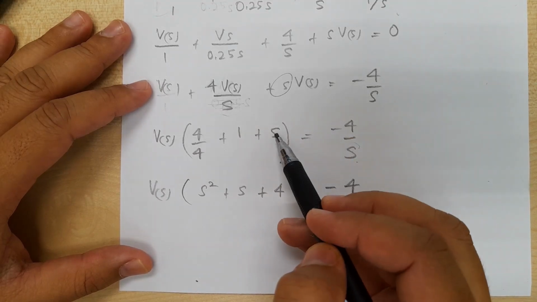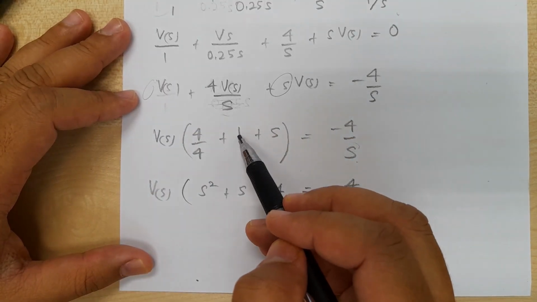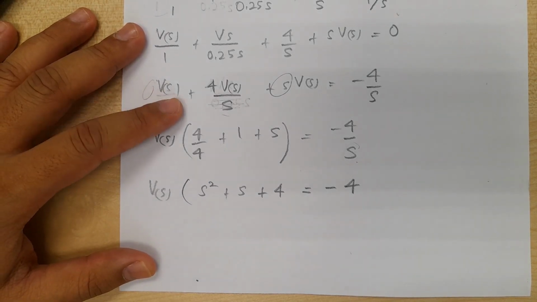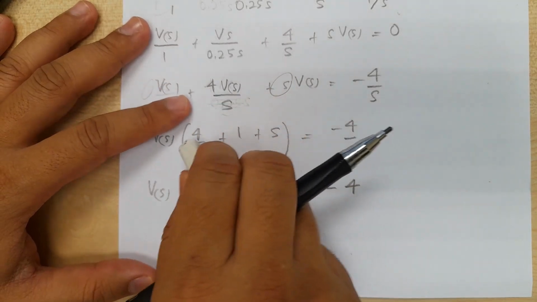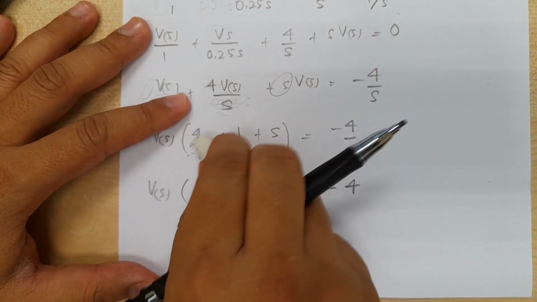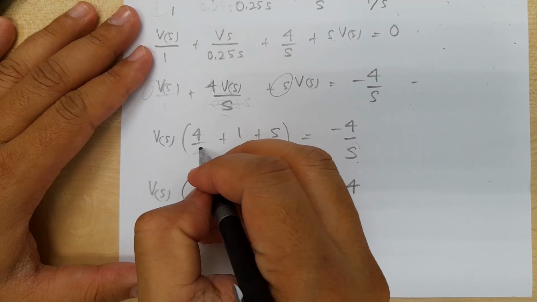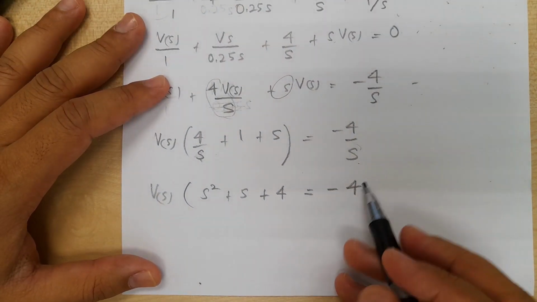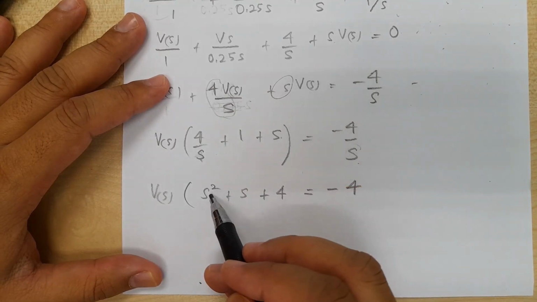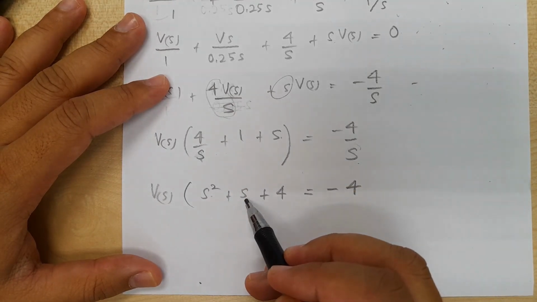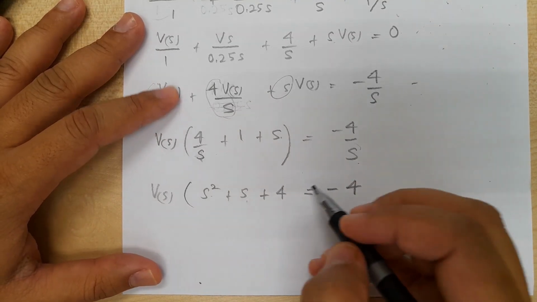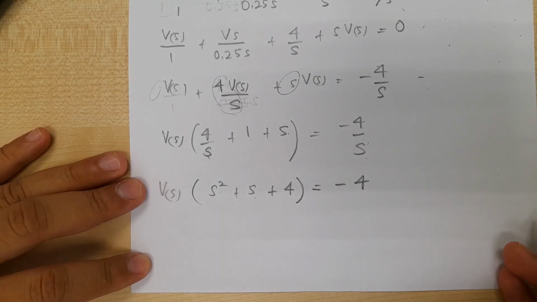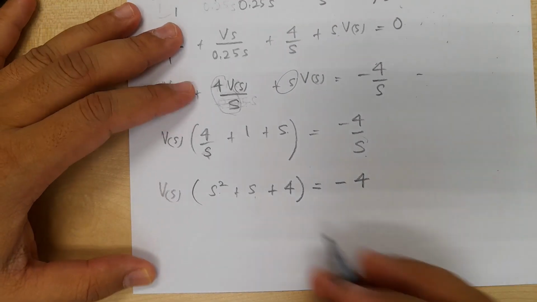Oh, sorry, this is 4 over S, right? 4 over S, and then we bring it here, we get S squared, we get S, we get 4. And then let's continue.